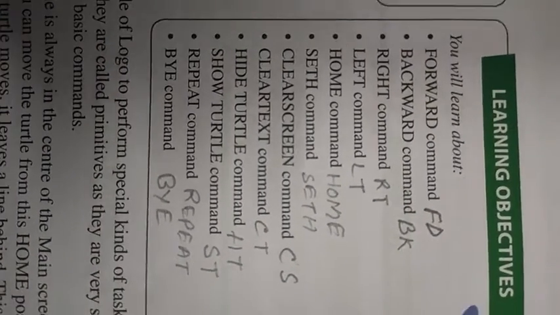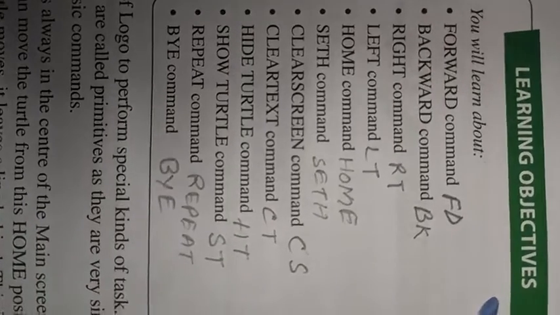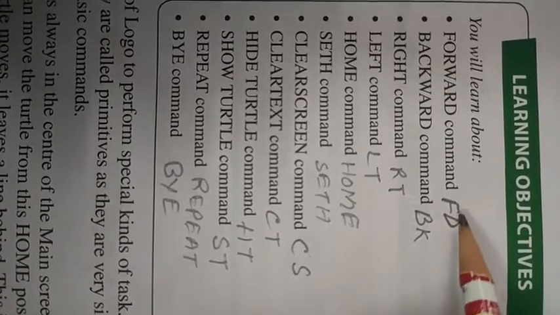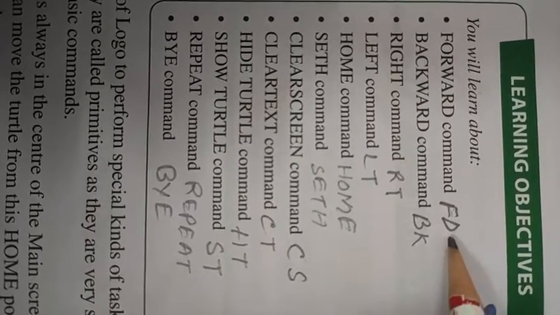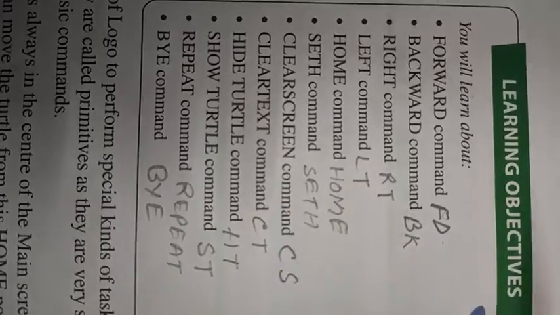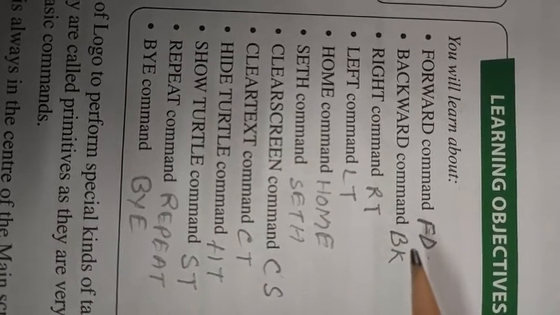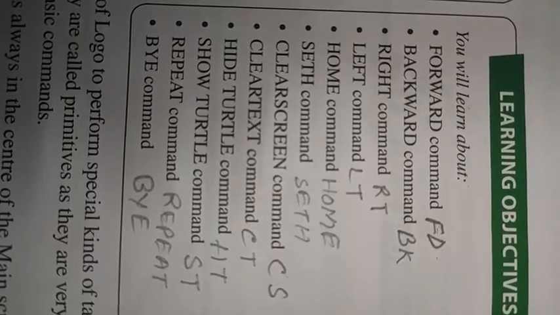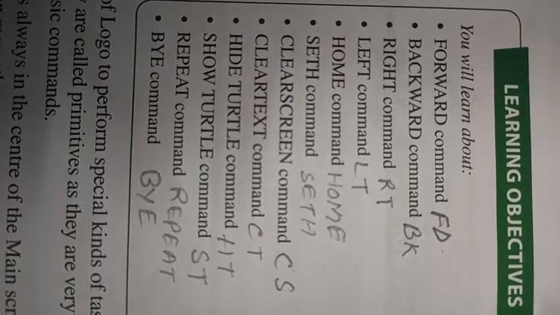So I have written here that you have to give the command this way. FD 100. Suppose you write FD space 100, the turtle will move 100 steps. If you give back, the turtle will move backward. Suppose we are walking on a road.